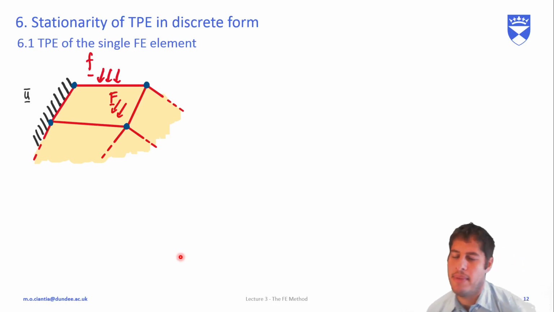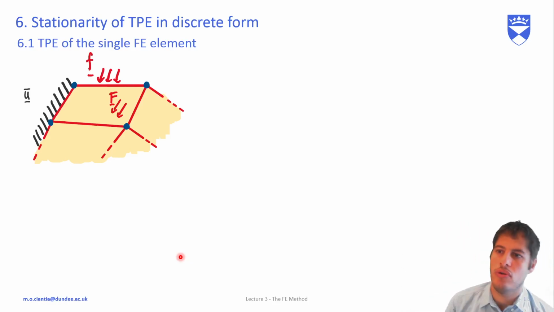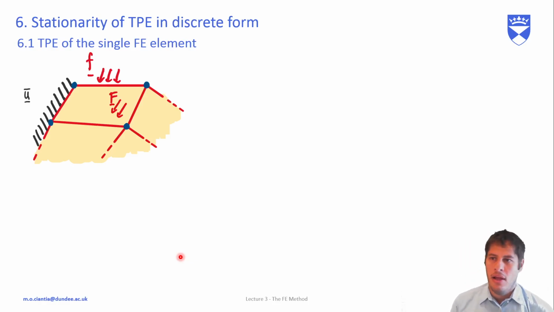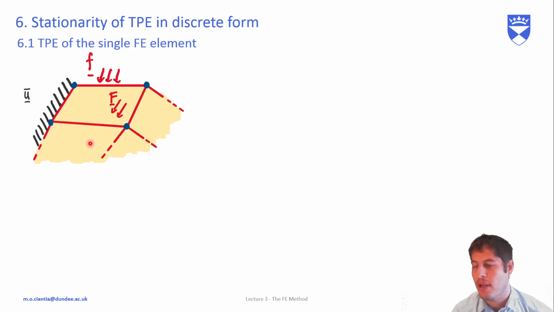So the sixth step is the stationarity of the total potential energy in discrete form. Why? Well, you should know by now that the stationarity of the total potential energy implies equilibrium. And so let's consider this single element here.